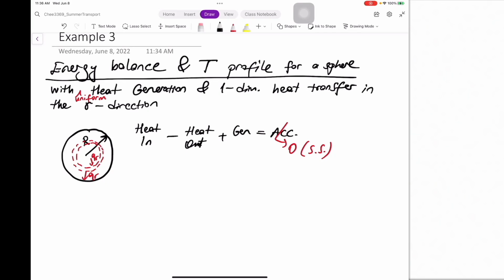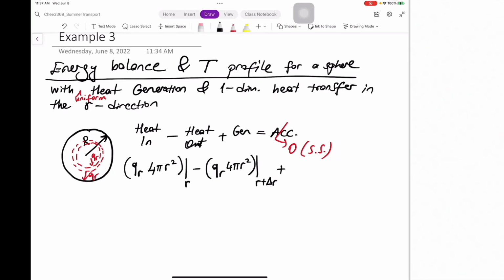The heat in is basically the QR, the flux, times the surface area of the shell. The surface area for a sphere is 4 pi lowercase r squared, and it's evaluated at r. Whatever is coming out is QR times 4 pi r squared again, but calculated at r plus delta r this time.